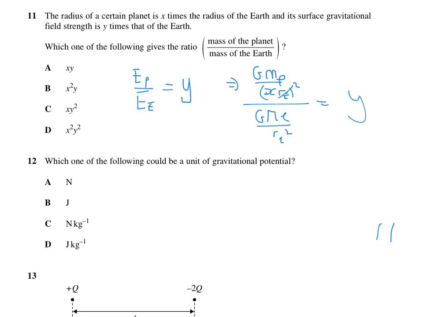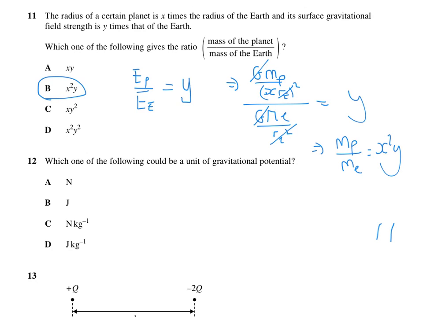So this term here is going to cancel with that one, that term cancels with that one, so you end up with mass of the planet over the mass of Earth, but we've still got this x on the bottom line, so when we take it across we have x squared y, and that's going to be answer B.